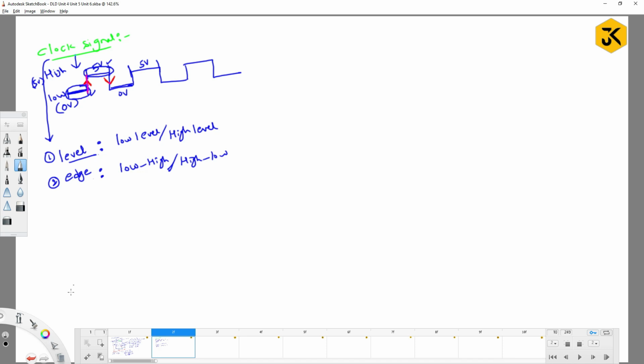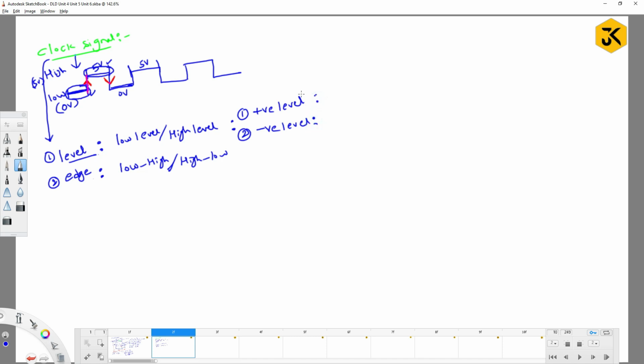Basically, these level clock signals are again classified into two types: positive level clock signals and negative level clock signals. Now try to define the meaning of positive level clock signal.